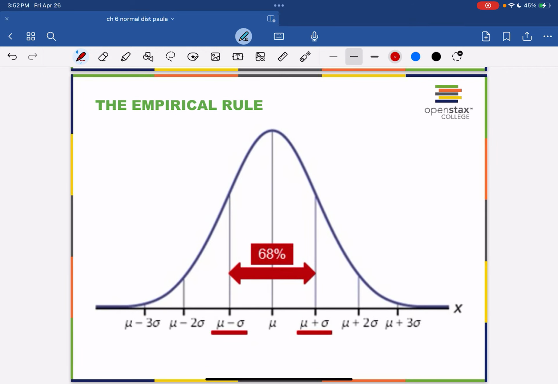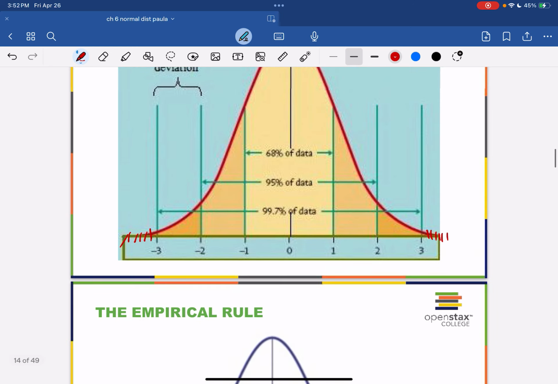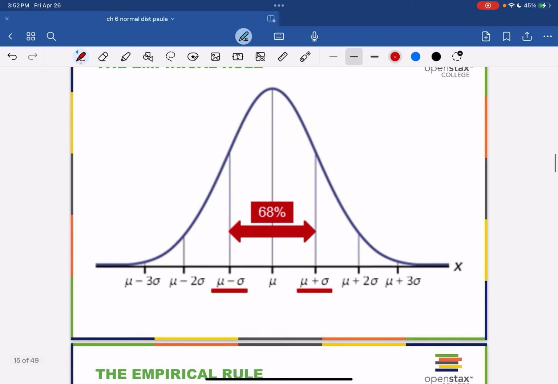So this is showing that same information just in a different image. In the previous image we had 0 in the middle. Now I have mu in the middle, and mu plus sigma, or mu minus sigma. But this still really means the same thing. It's within 1 standard deviation of the mean.